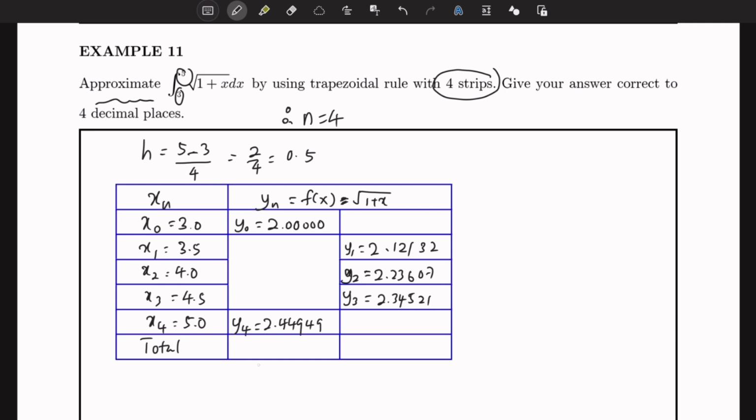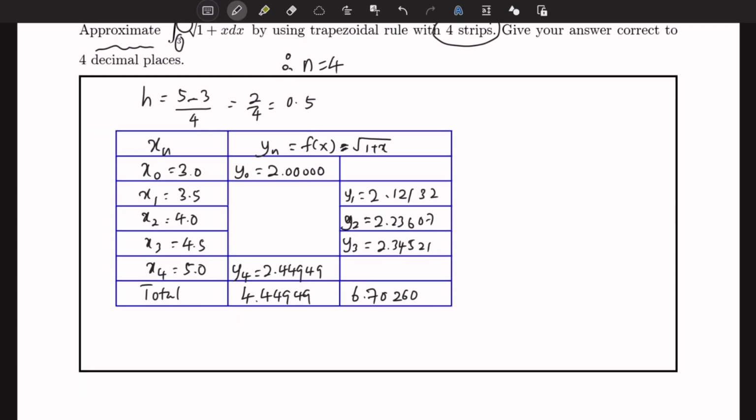So add up. We will have 4.44949. This column also you add up to get 6.70260. Once you get those values, for the integral of the square root of 1 plus x dx from 3 to 5, you just substitute into the formula.